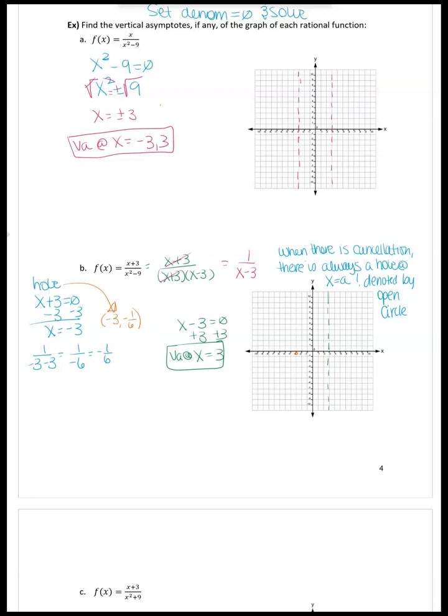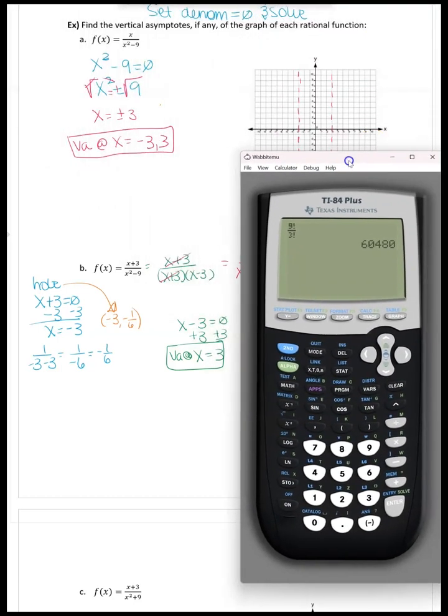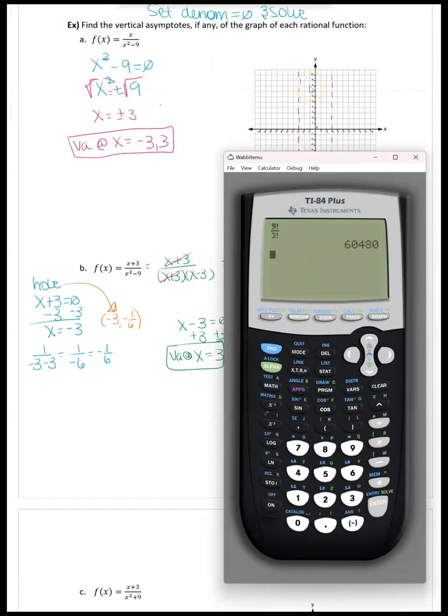So if we were to pull up our calculator, we enter x plus 3 over x squared minus 9, and we can graph that.